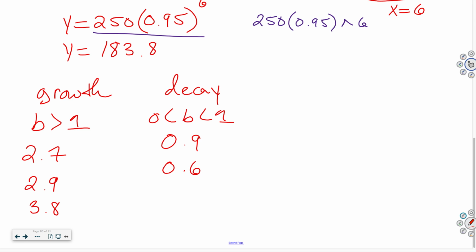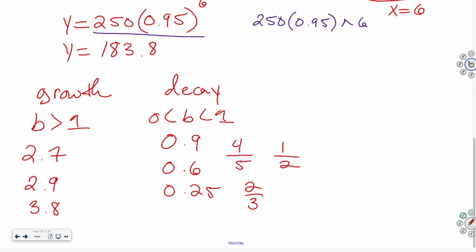Any other number will cause decay? 0.25, or something like 0.50. 4 over 5 would cause a decay. 2 over 3 would cause a decay. What about 1/2? 1/2 would cause a decay.